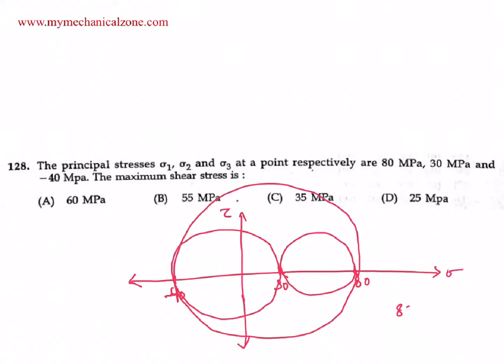Radius is 80 plus 40 by 2, 60 megapascal. A is your correct answer. Or directly also you can answer, no need to draw the Mohr circle. It's sigma 1 minus of minus sigma 3 by 2.